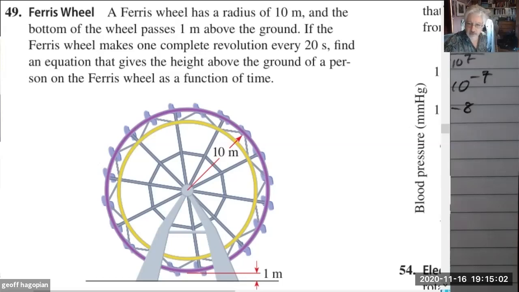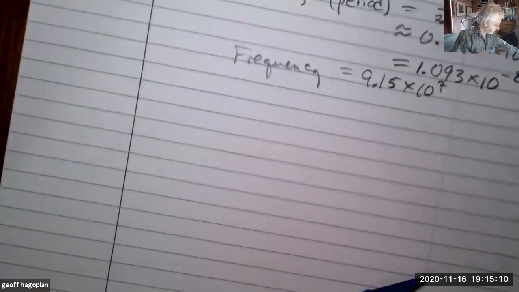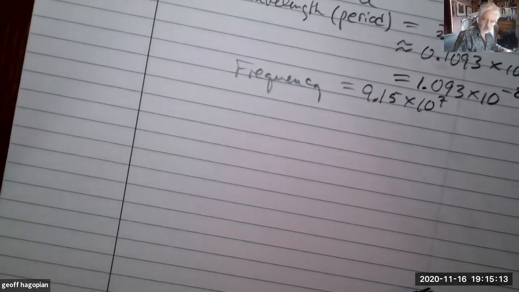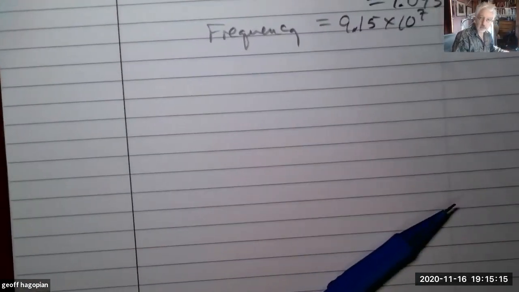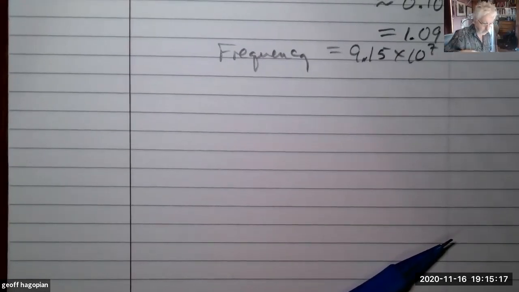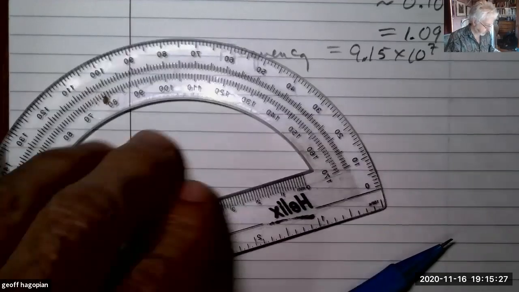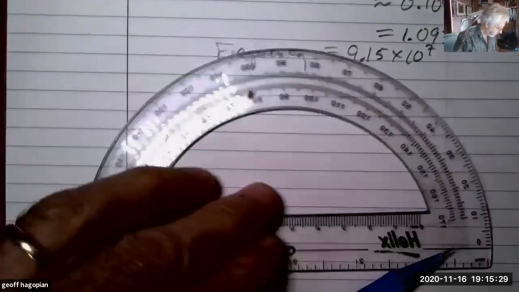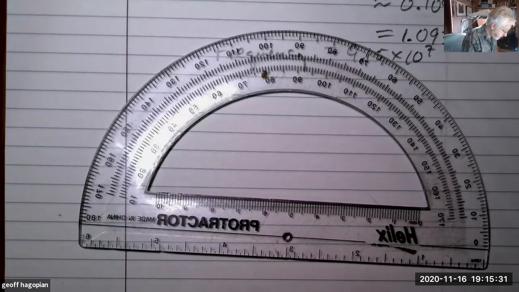And I guess I'll use my compass for this situation. Notice the radius is 10 meters, okay? Where is my compass? Sorry. 10 meters, huh?